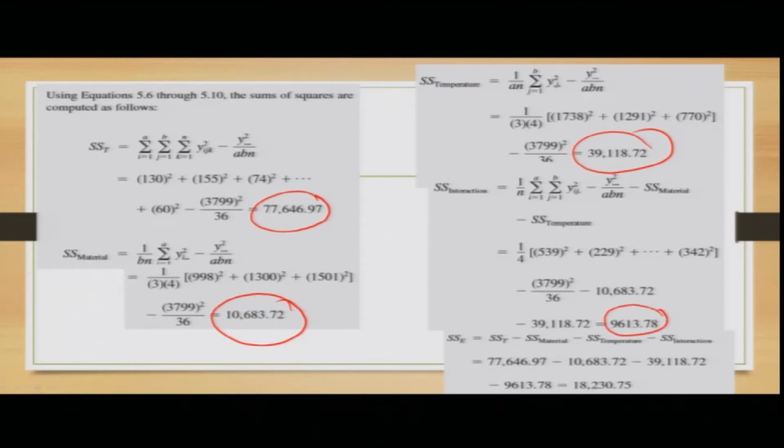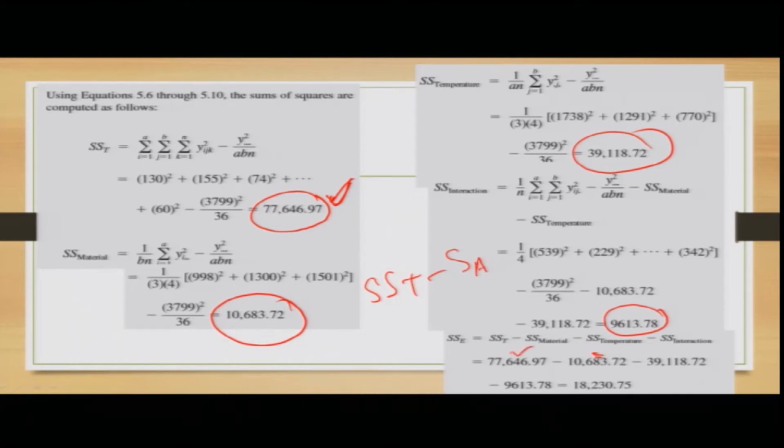And if I find the interaction between the temperature and the material, it comes out to be 9,613.78. So, you add these values, and the sum of squares of the errors also has to be found out. So, the sum of squares of the errors would technically be the total sum of squares minus SSA, which is only for factor A. Okay, sorry, my mistake.